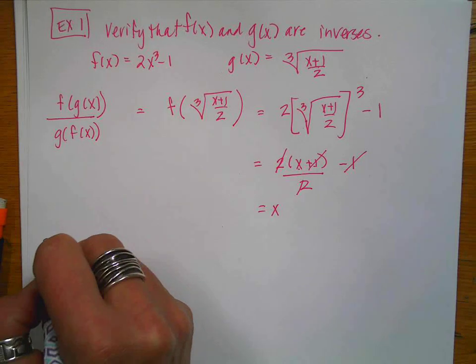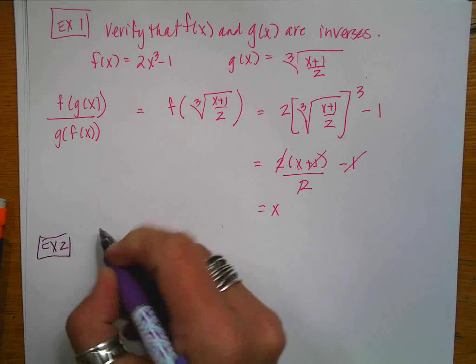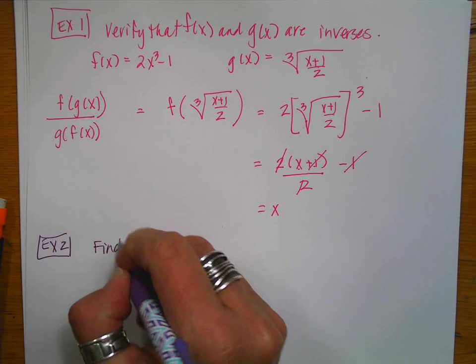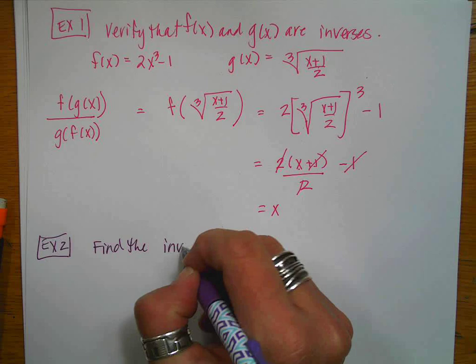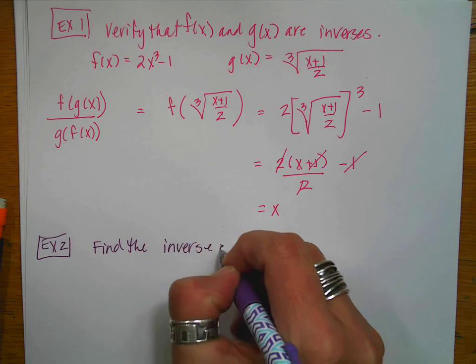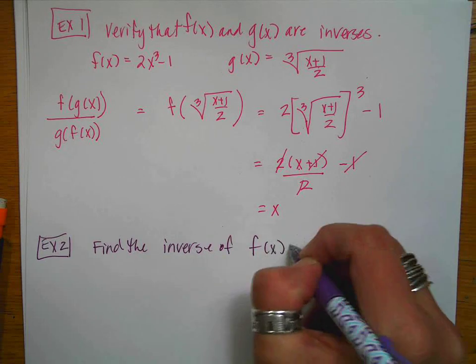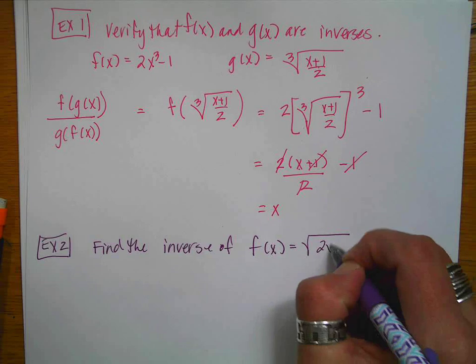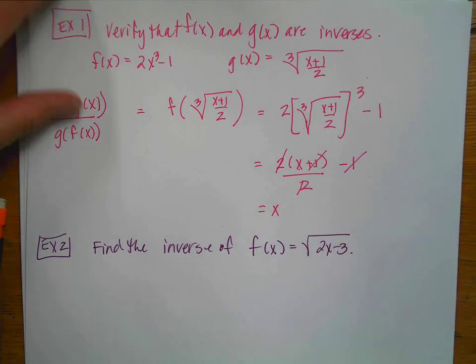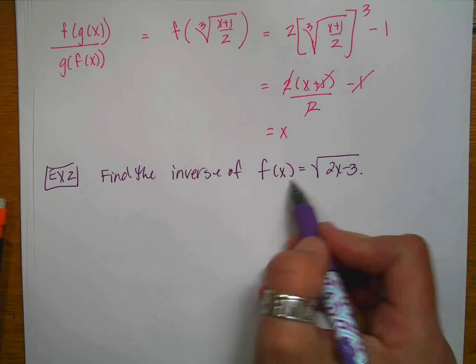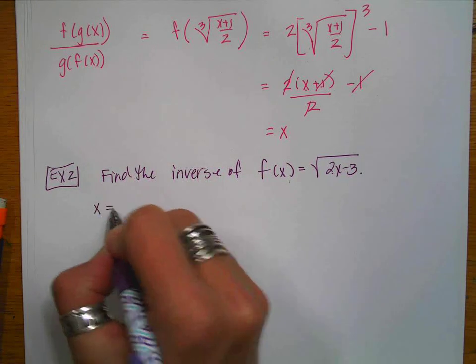Okay? Example number 2, we're going to find the inverse of f of x is equal to the square root of 2x minus 3. So I'm going to do this by flip-flopping my variables.